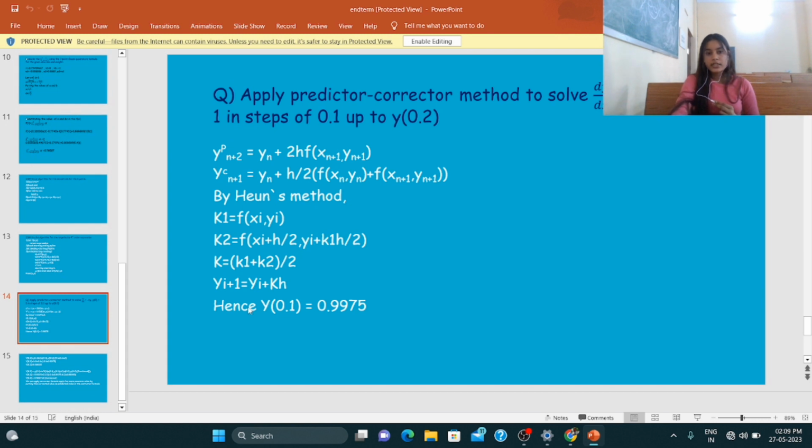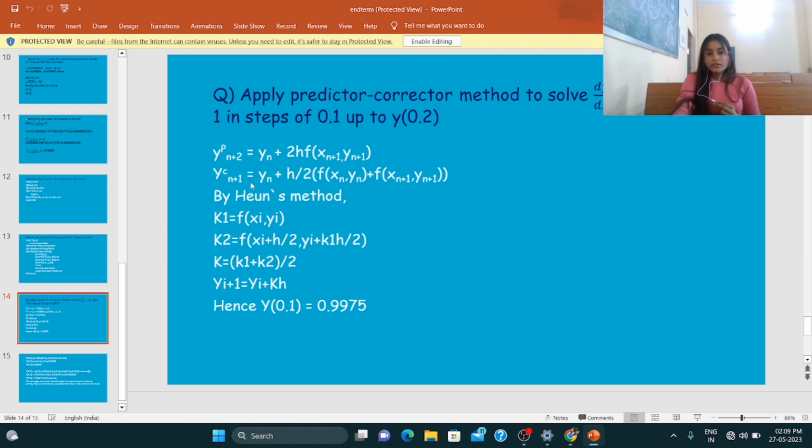The last question is apply predictor corrector method to solve dy by dx equals to minus xy, y at 0 equals to 1 in steps of 0.1 up to y of 0.2. For y n plus 2, we have y n plus 2h f of x n plus 1 comma y n plus 1.